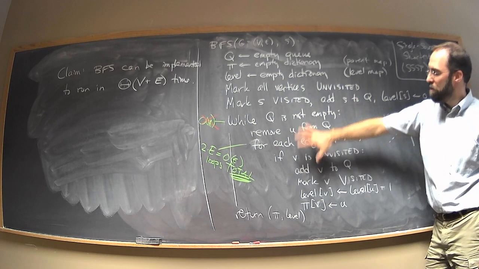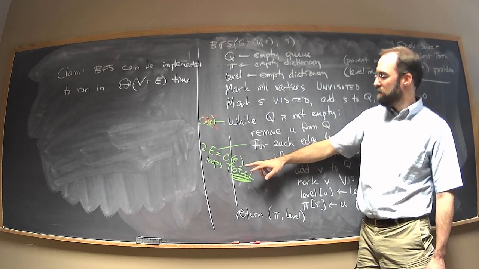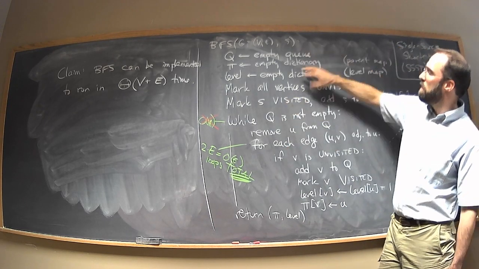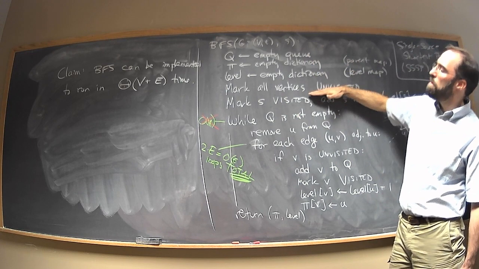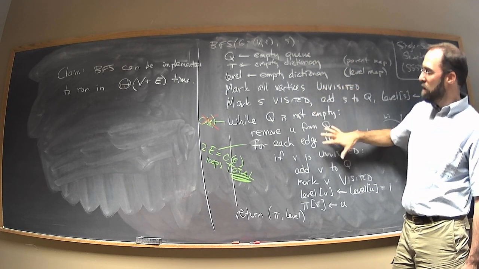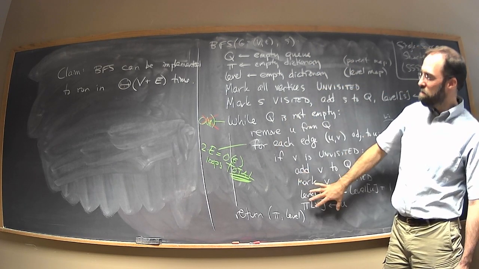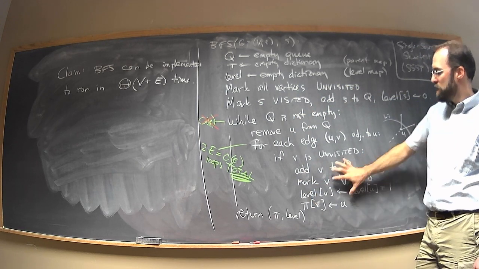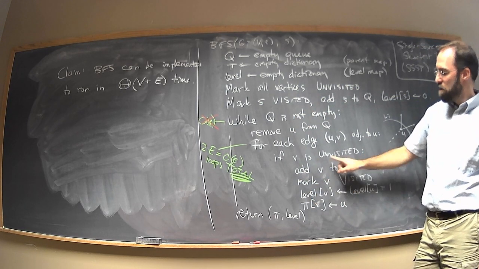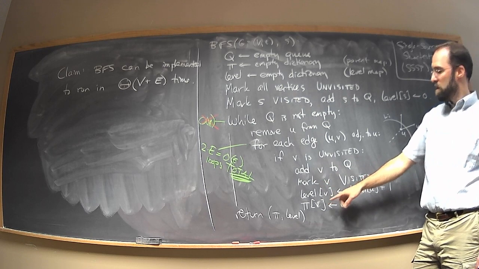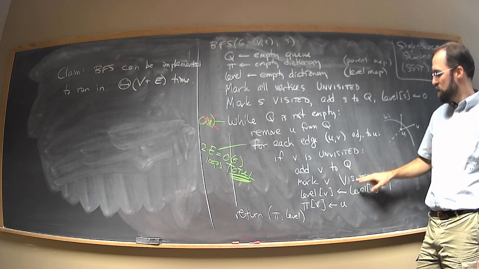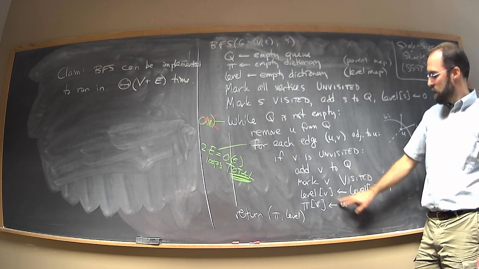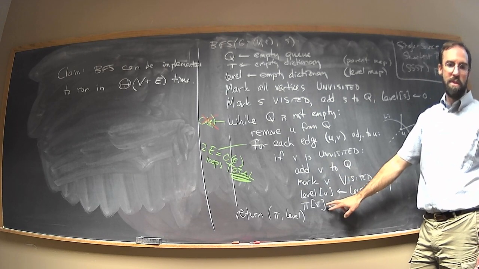Then this stuff takes some constant time, maybe a theta of V time here. This whole loop goes around E times. And then the question is, how long does this stuff take? I claim that all this stuff also takes constant time. All we're doing is adding stuff to a queue, marking something visited, setting some things in some dictionaries.